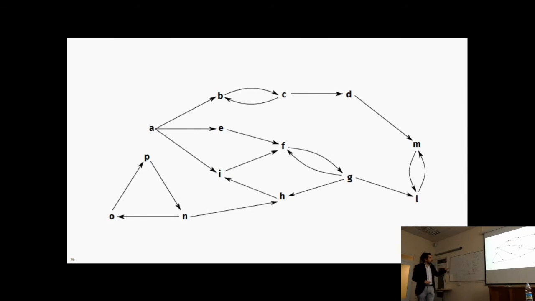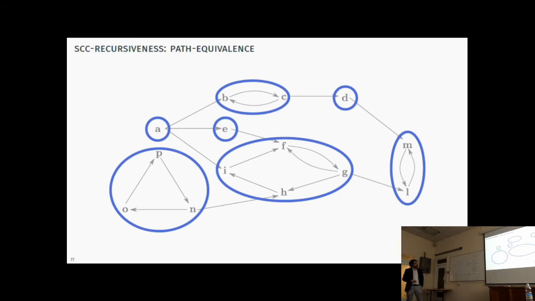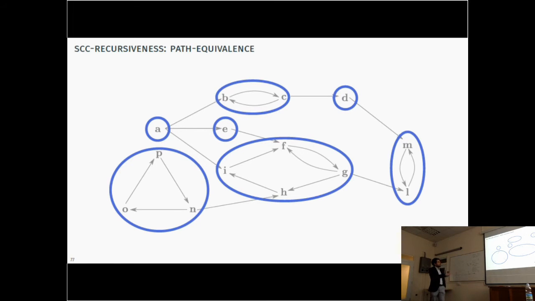So for instance, if we take this graph here, it doesn't matter the meaning of those nodes. What we can start doing is identifying the strongly connected components, because we know from a very nice set of theorems that my PhD supervisor wrote that, if we want to compute the preferred extensions, we can explore the SCC structure of a graph and start computing preferred extensions only on this subgraph, and then propagate the results over the other subgraphs of the other SCCs.